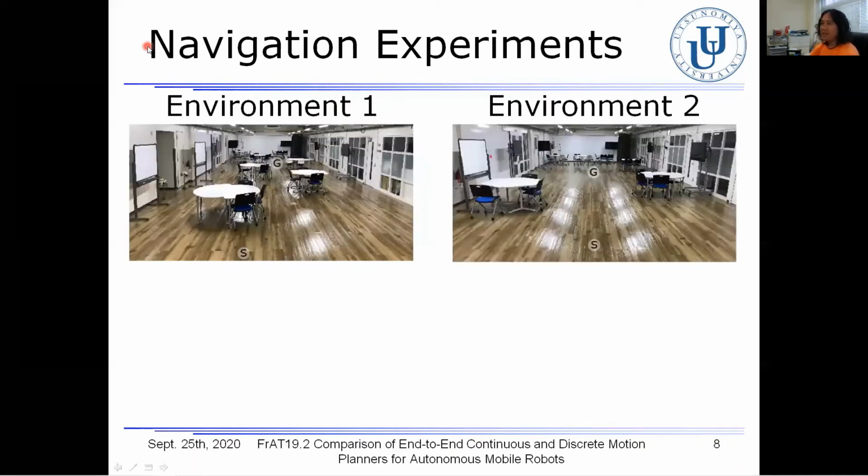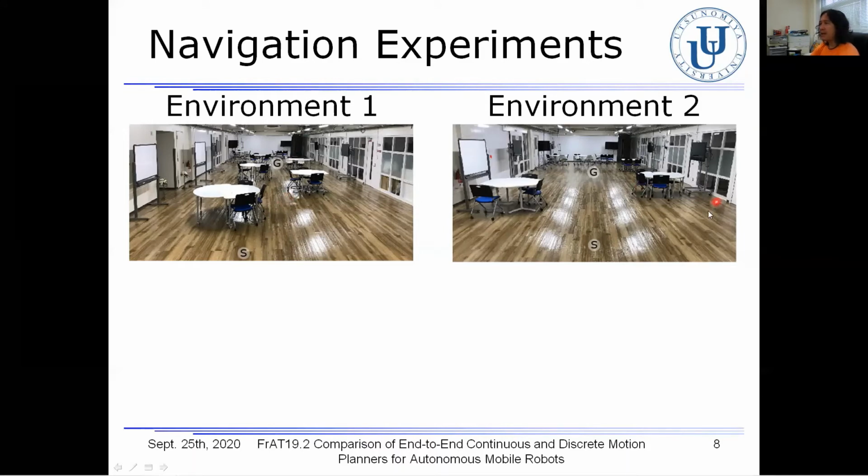For autonomous navigation of the mobile robot, we prepared two environments, as you can see in these pictures, 1 and 2. The robot moves from S toward G. In environment 1, the robot is required to avoid the obstacle.